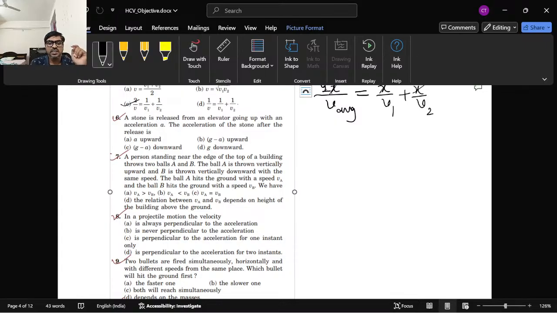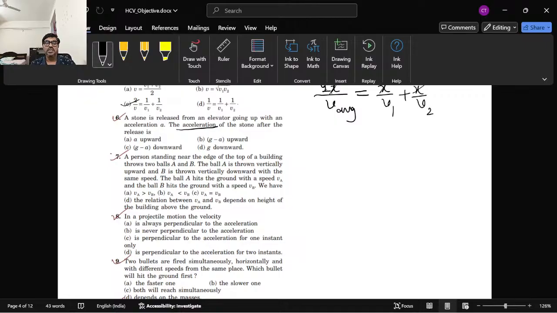But smartly this question was asked for acceleration, not relative acceleration. They asked the acceleration of the stone. They didn't say with respect to the elevator. So that is the catch here, word catching. They will show an elevator, but they are not asking relative acceleration. Just to distract you, they mention the elevator, but they are asking acceleration.